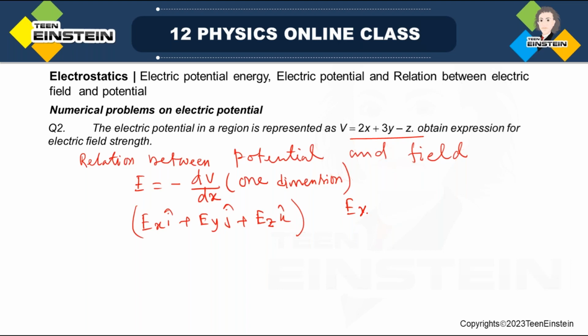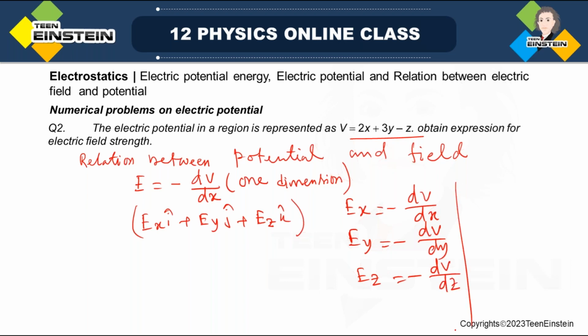So Ex can be found out by writing minus dV by dx. Ey could be found out as minus dV by dy, and Ez could be found out as minus dV by dz.